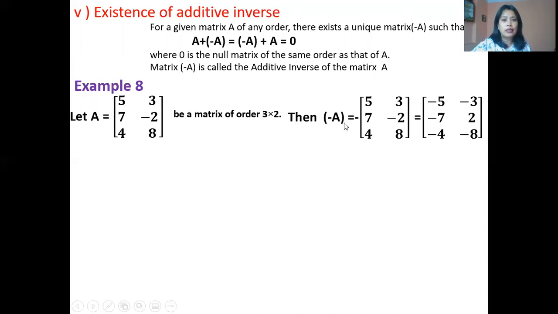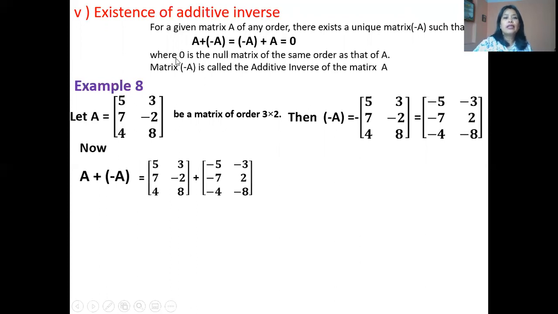Minus A is here: all the elements of matrix A multiplied by minus, we have this matrix. So this is the matrix minus A. Now we have matrix A as well as matrix minus A.